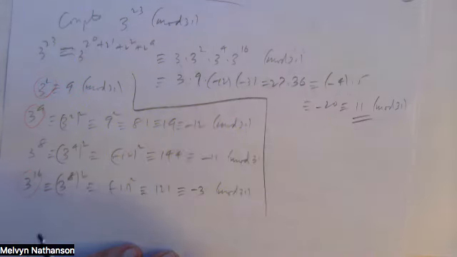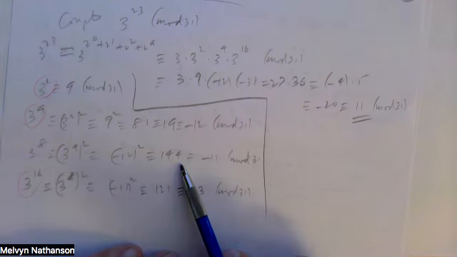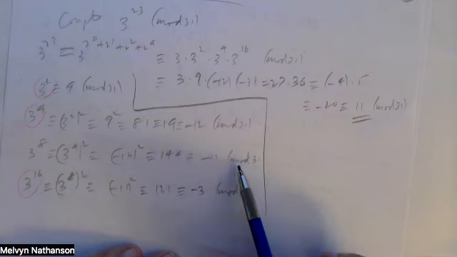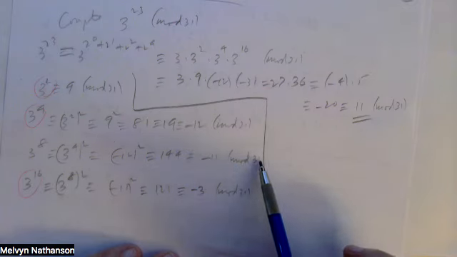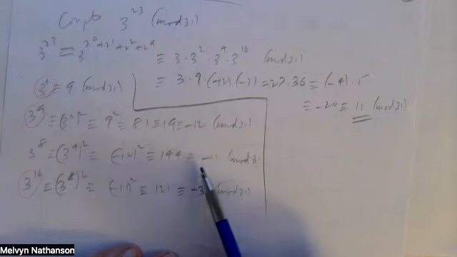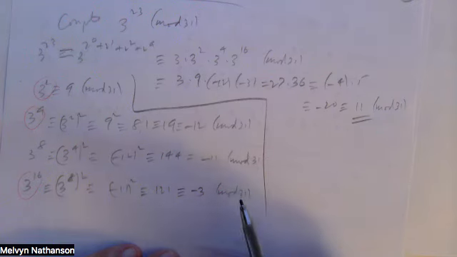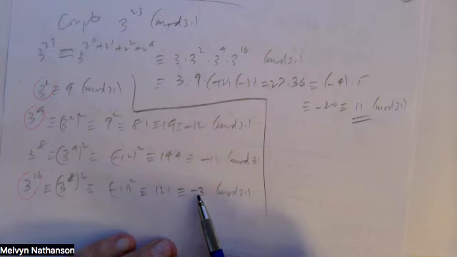So this is okay. Square 3 to the fourth, I get 3 to the 8th, which is 144, which plus 11 would be 155, which is 5 times 31. So this is minus 11. 3 to the 16 is 3 to the 8th squared. Minus 11 squared is 121. 4 times 31 is 124, so this is minus 3.